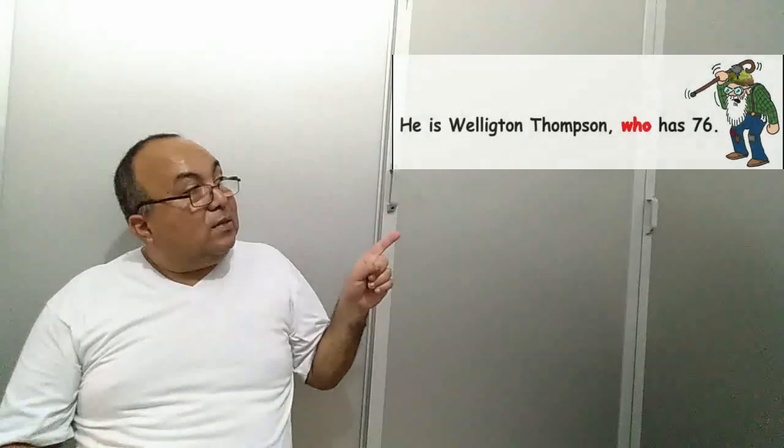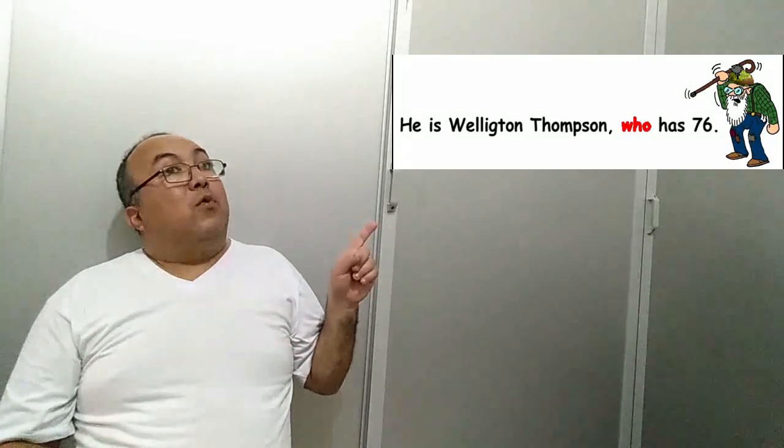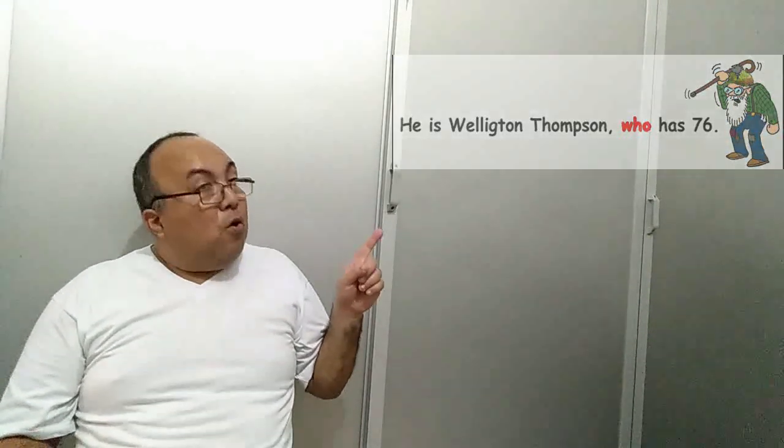It will be this: He is Wellington Thompson who has 76. Okay? So, why do we use who? Because Wellington Thompson is a person. Okay? He is a person.